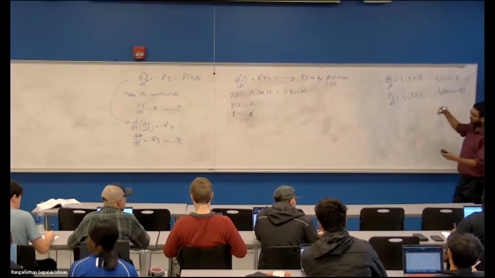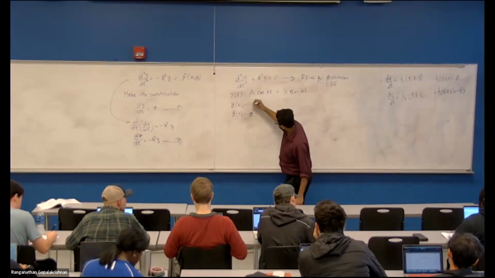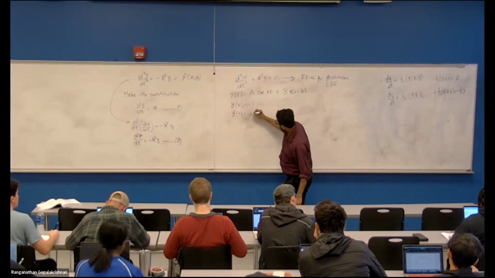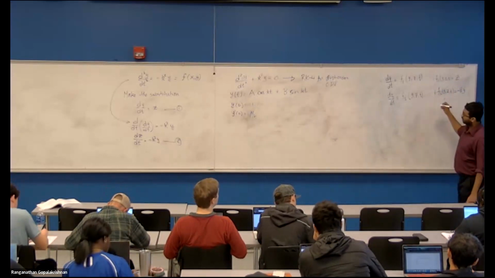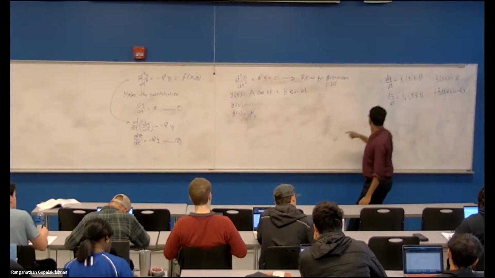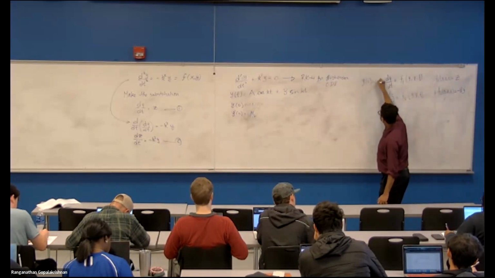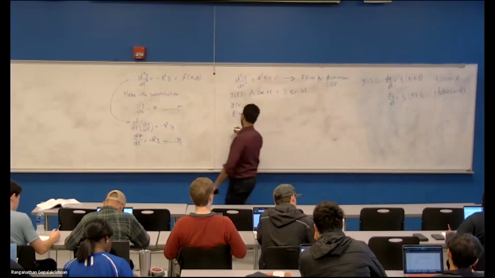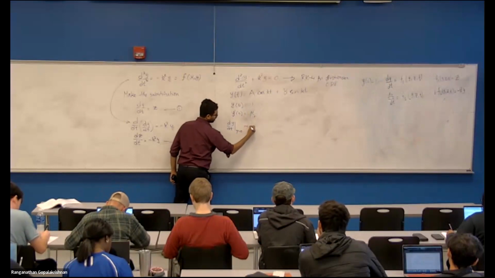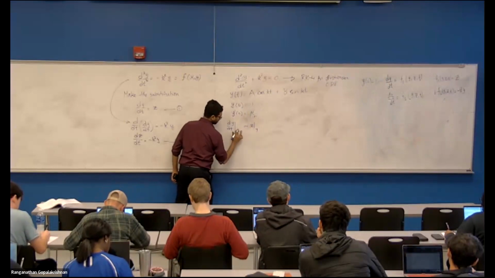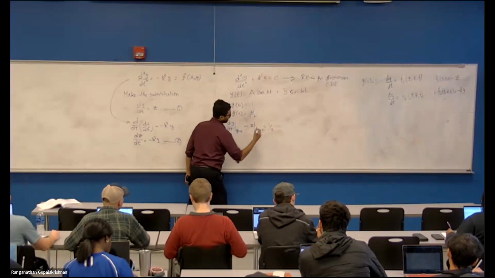So then you have your initial conditions. Let's say our initial condition A is 1 and B is half. We're just making it up. So y of 0 is 1. What is y dashed? y dashed is dy by dt at t equal to 0, or this is z at t equal to 0, which is equal to half.